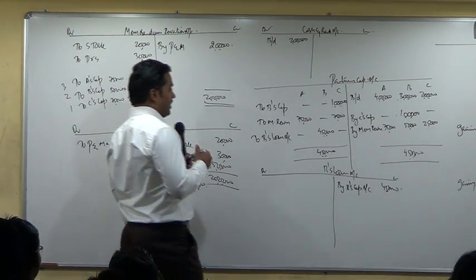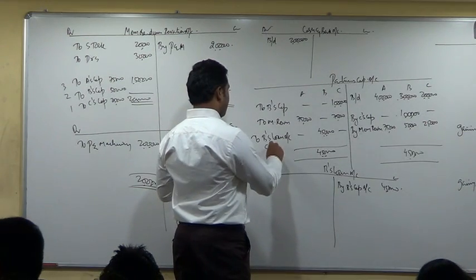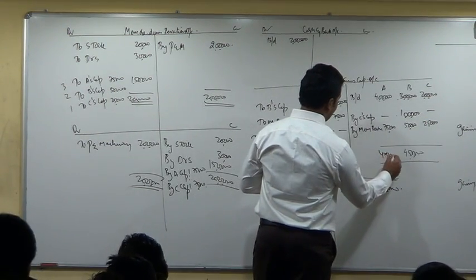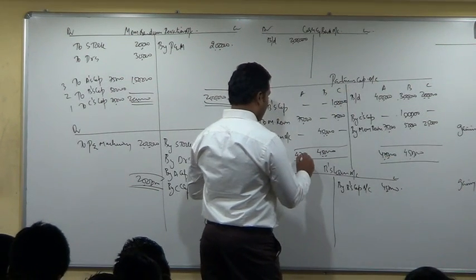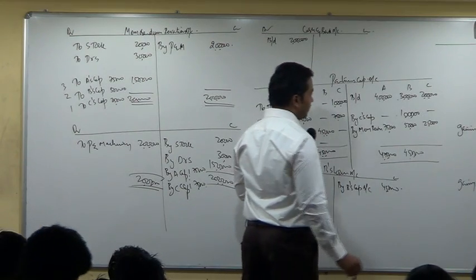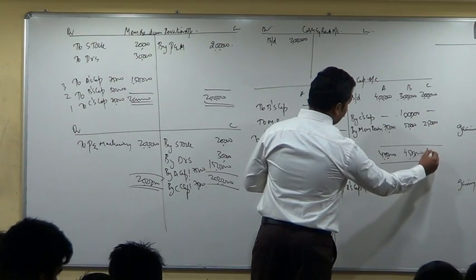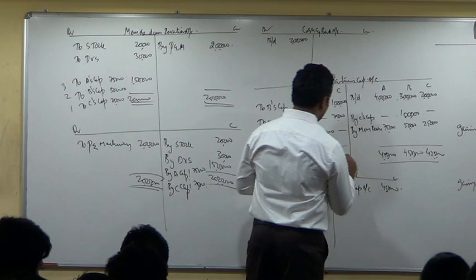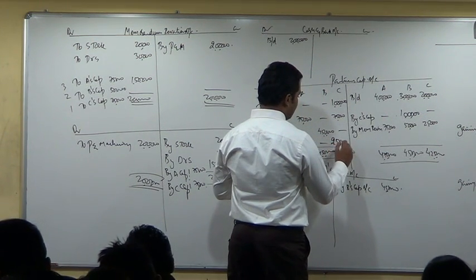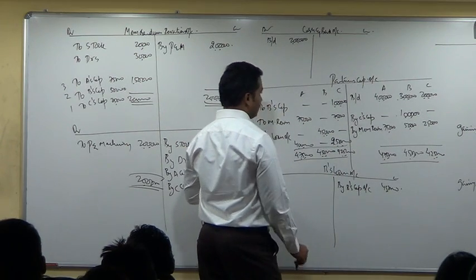Calculate the closing capitals of A and C. Carry it down. 475 minus 75, 4 lakh. Nil in B's capital account. C capital account, 25,000 credit. 2,50,000 is the closing balance.